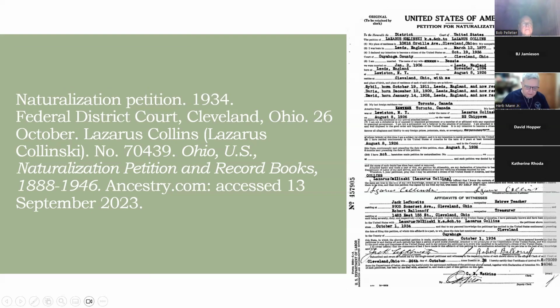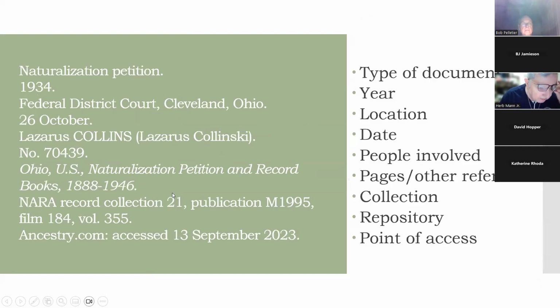You'll see there's not a page number here, but there is a certificate number. And then this is the name of the collection it was in at Ancestry, and then when I accessed it. So you see here, naturalization petition, I've broken this out, the year, the location, the date, the person involved, the reference, the collection.